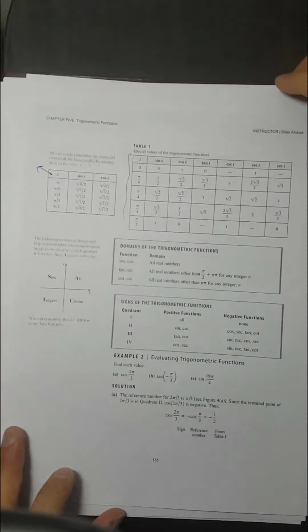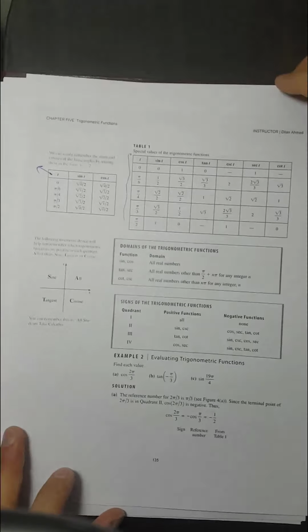How about this one? 3 pi over 2, that is 270. How about this one again? It is equal to 2 pi. Am I right?